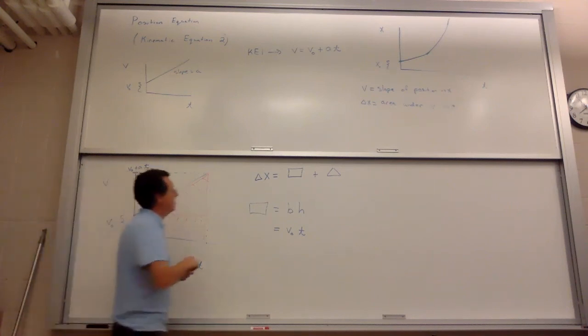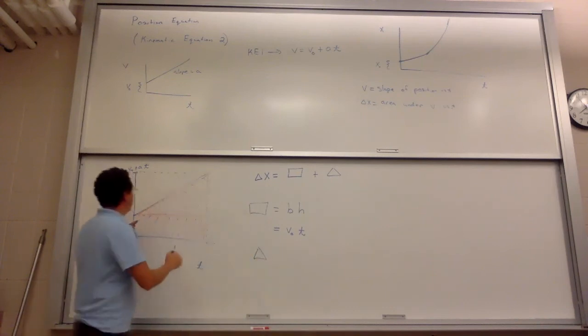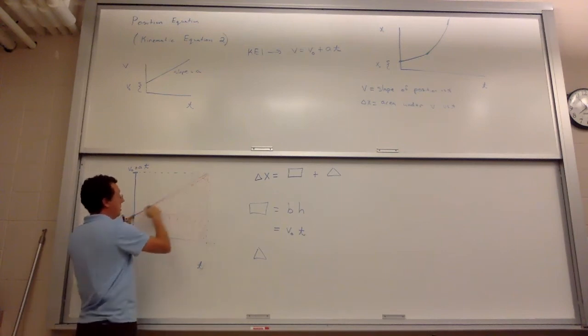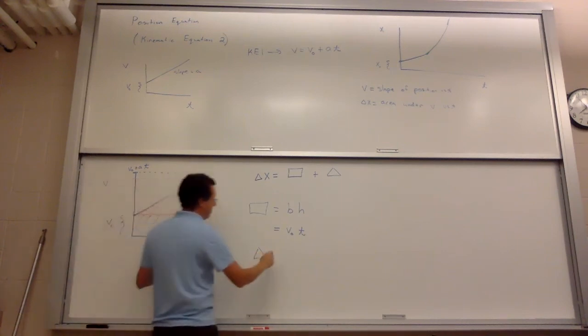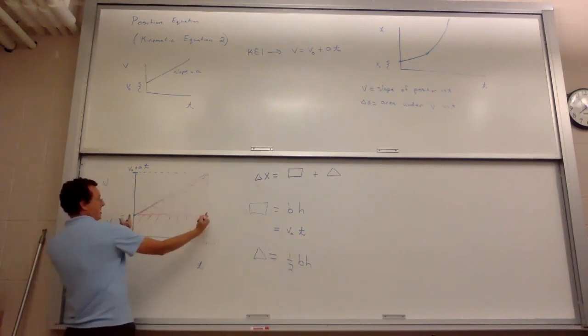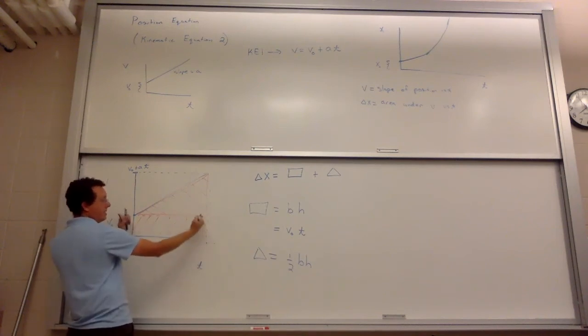What about the triangle? To find the triangle, I just use the formula for the triangle. The triangle is here. The formula for the area of a triangle is 1/2 the base times the height. The base for the triangle is the same as the base for the rectangle. It's t seconds.